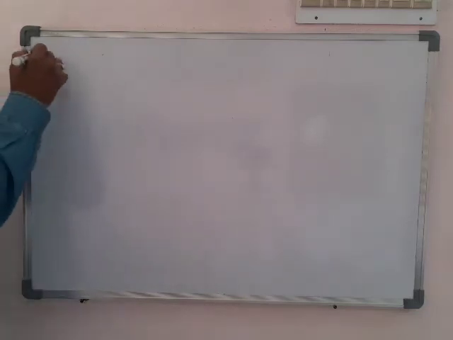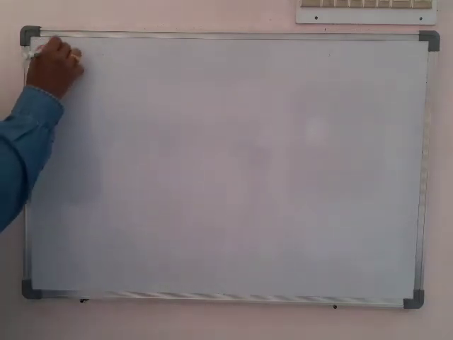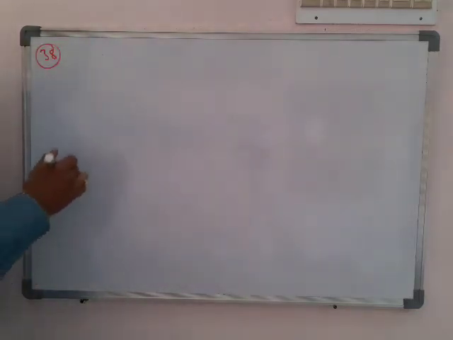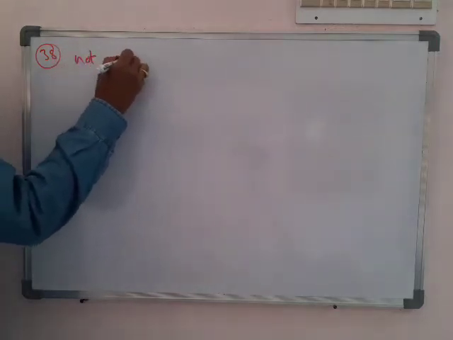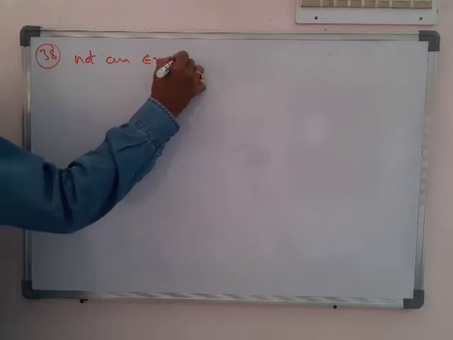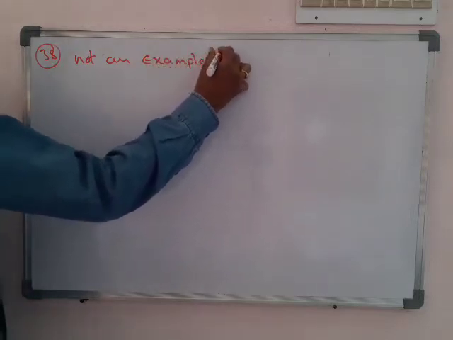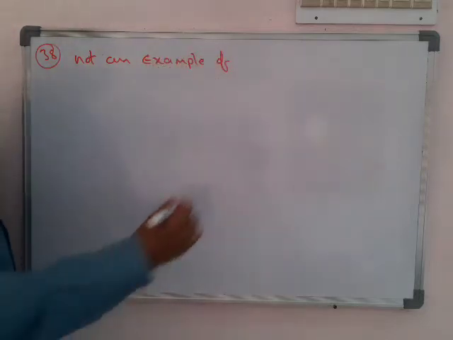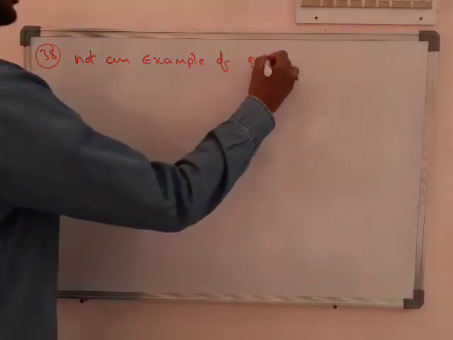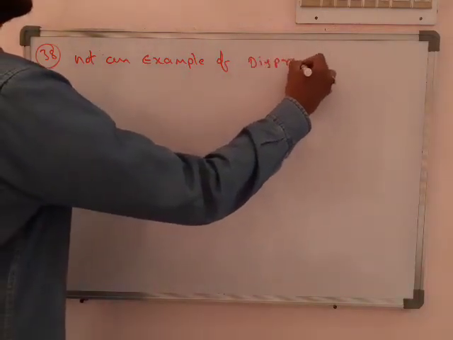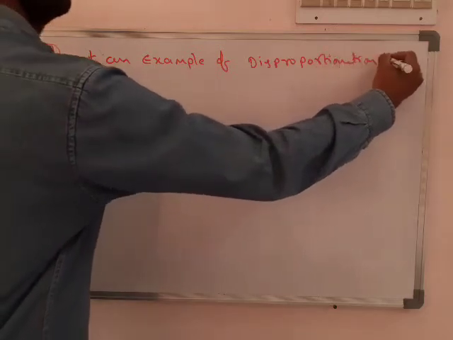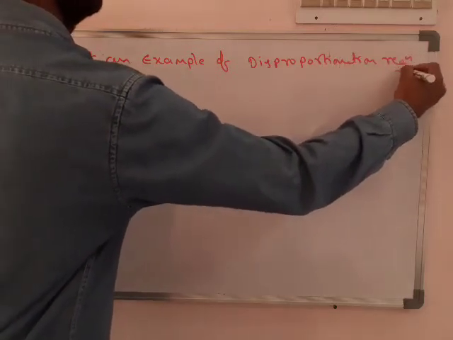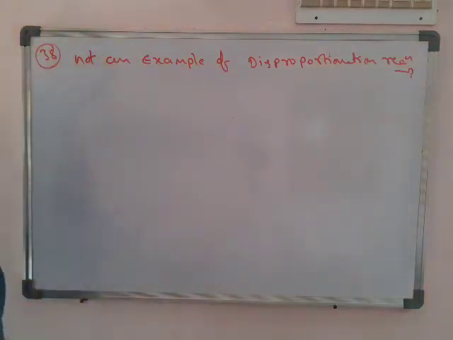Next, see the question number 38. Which of the following is not an example of disproportionation? The options are given.